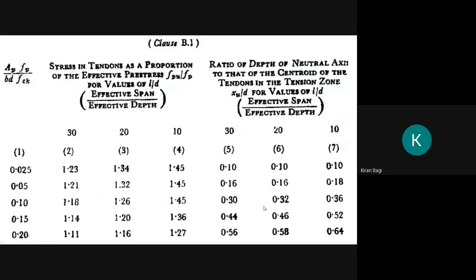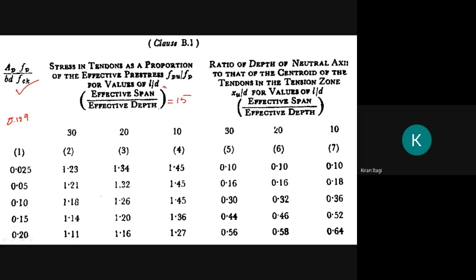Okay, see here, we have the reinforcement ratio. How much do we have? By calculating, we have 0.129. And we have L by D ratio, we have got 15.